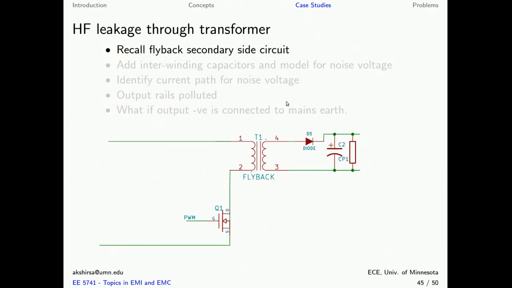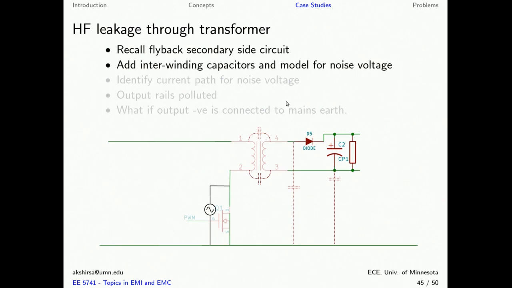Let us add this parasitic capacitance and see how that is going to affect the EMI and EMC issues in the circuit. In particular, we are going to see how it gives rise to common mode issues. First, we add the parasitic interwinding capacitances and the noise source that we have, as we have already discussed. Now we will identify the current path.